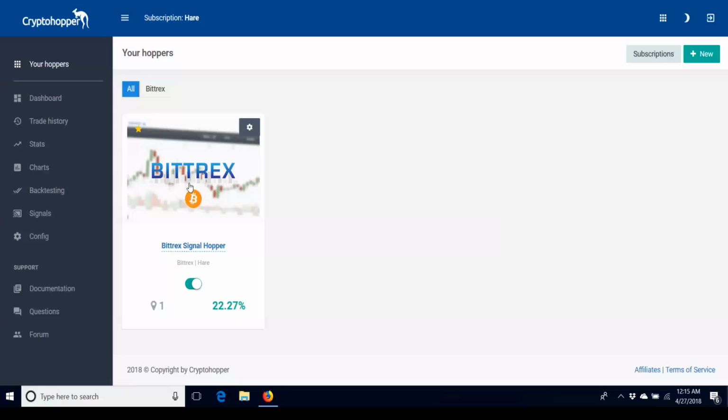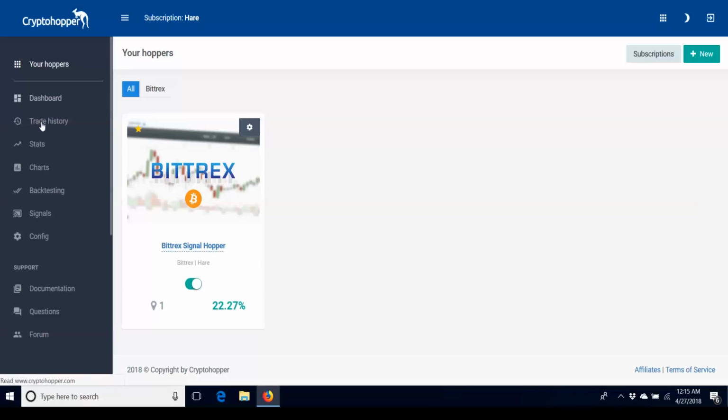So I want to go through and show you this is the correct percentage. When I open this, you'll see different percentages listed, but it throws it off because I have some investments in Bittrex that aren't in this hopper, if that makes sense. So it throws the percentages off, but this is the correct percentage right now.